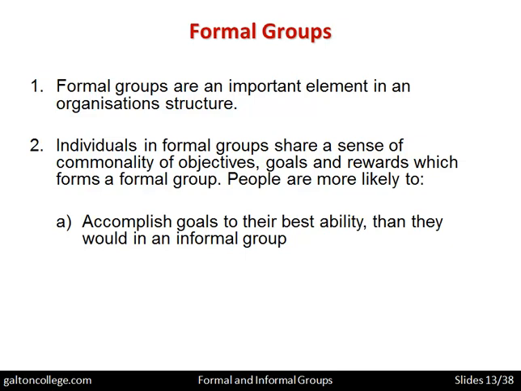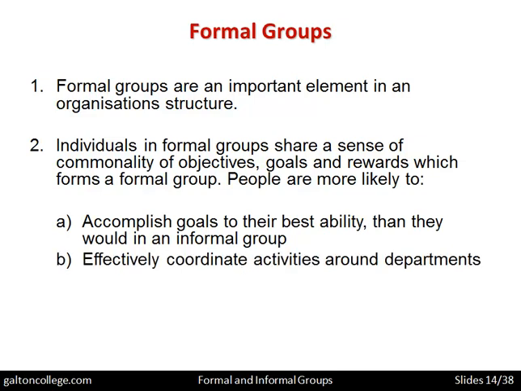So formal groups are working with a structure, almost with a discipline. With an informal group, it's optional. It may happen or it may not happen, and there's no great pressure on members of informal groups to achieve anything. It's an informal group. But with formal groups, they try their best to achieve and to report back and to make a valuable contribution.